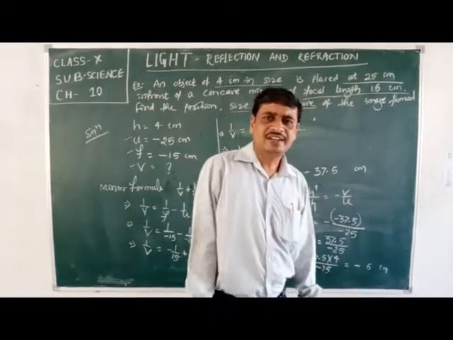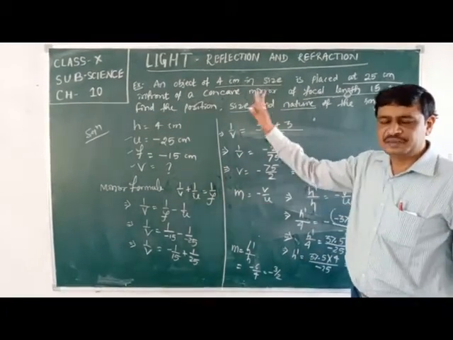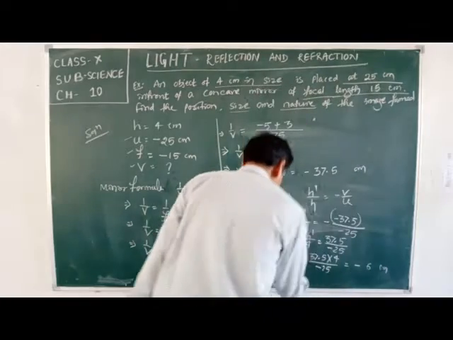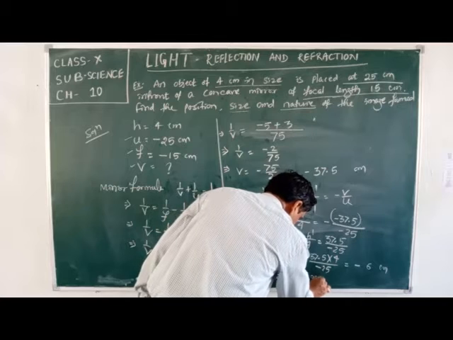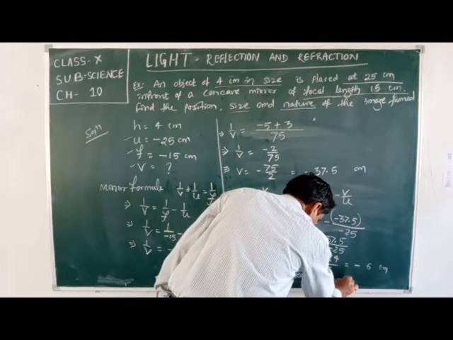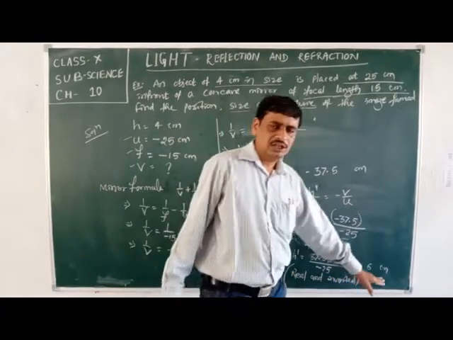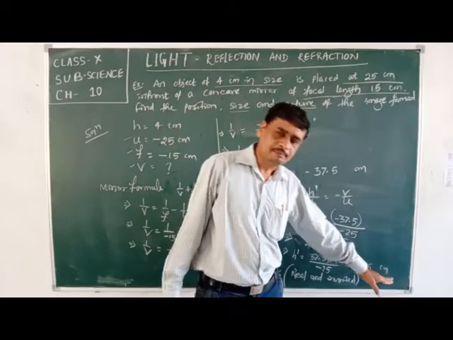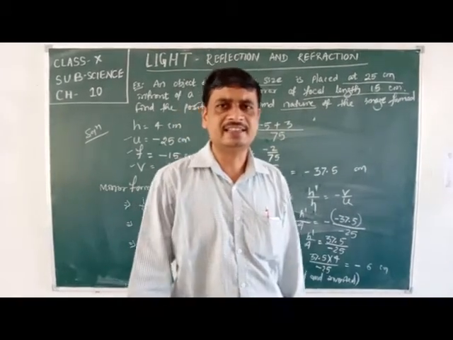If magnification is negative, then the image formed will be real and inverted. It is real and inverted. From this statement, it is clear that when the size of the image is negative, then also we can conclude it is real and inverted.